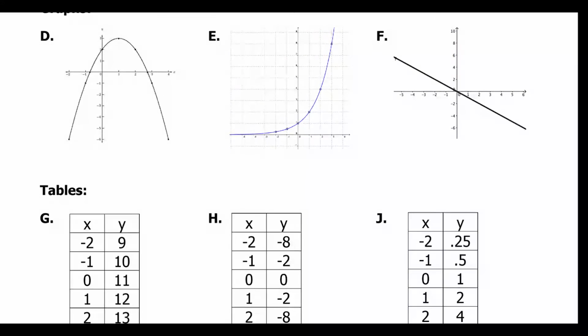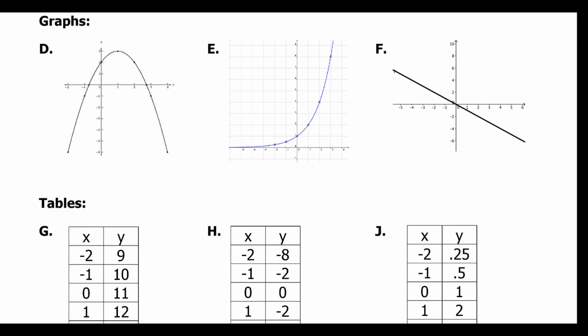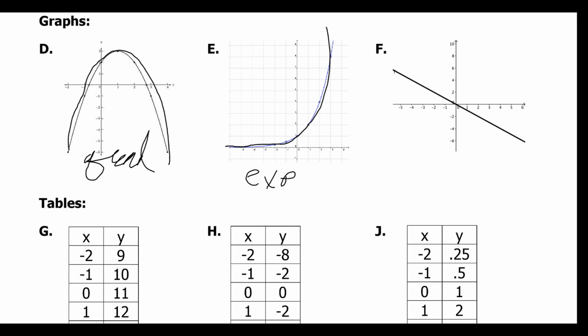Now for our graphs, of course this distinct U-shaped curve is going to be a quadratic. This really sharp upturn is going to be exponential. And of course, if it's a line, it's linear, or linear, whatever you want to say, linear.